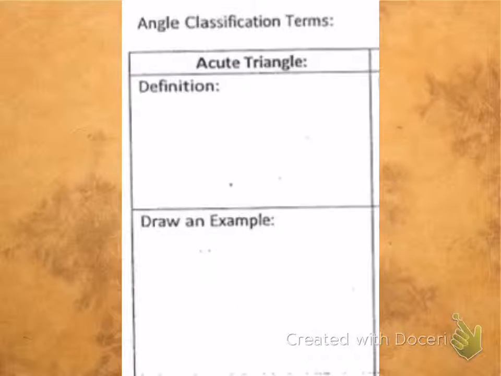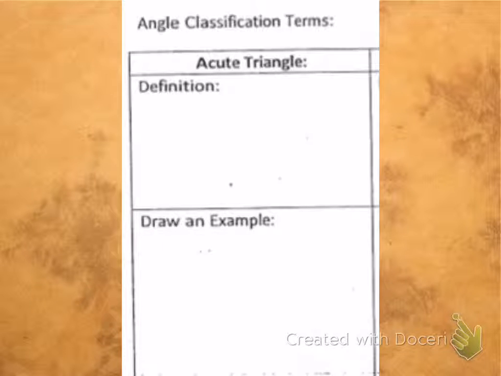So then we'll move on to the second kind of classification of triangles. Triangles have two names all the time. Just like you've got a first and last name, triangles have a side classification and an angle classification. So our side classifications were equilateral, isosceles, and scalene, having to do with the number of sides that are congruent. The angle classifications have to do with the angle size.